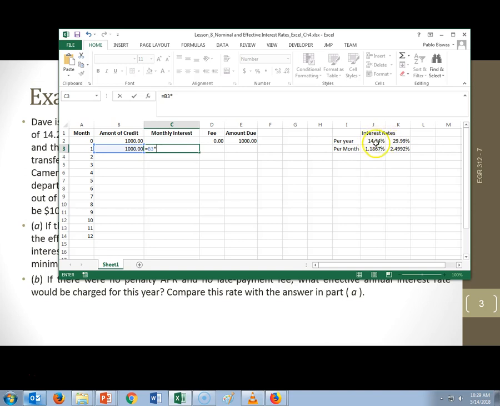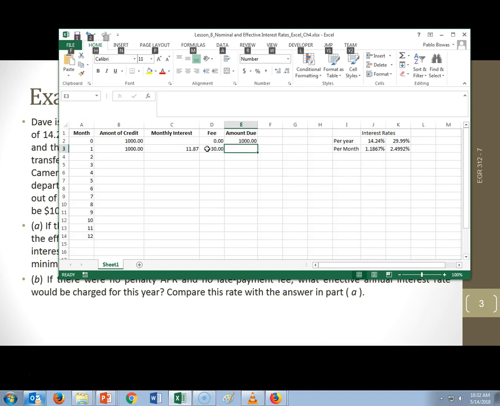This is the part we are not going to use, which is 11.87. Now there is a balance transfer fee at the end of the first month because it is charged at the very beginning, so there will be $30. So the total amount due at the end of month 1 is basically the sum of these. That's the amount due.